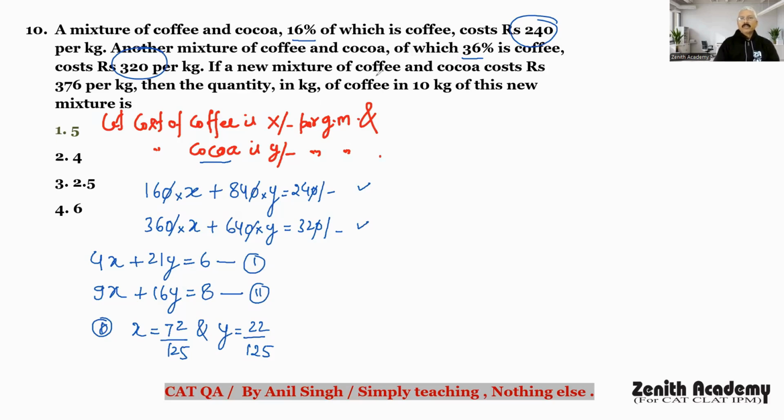Now the new mixture cost is 376 rupees per kg. So what quantity of coffee will 10 kg of the new mixture contain? This is to be found out.